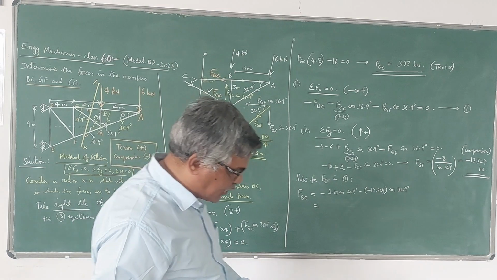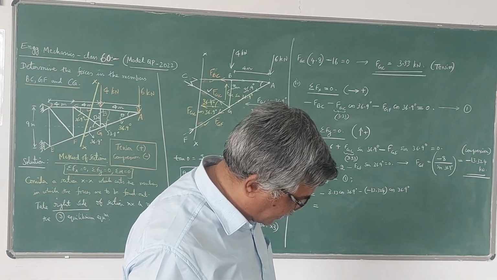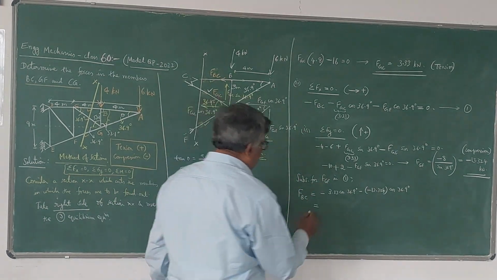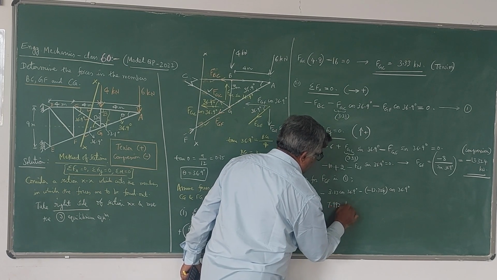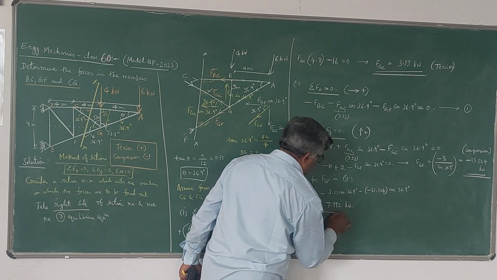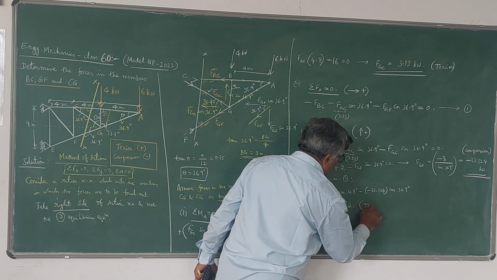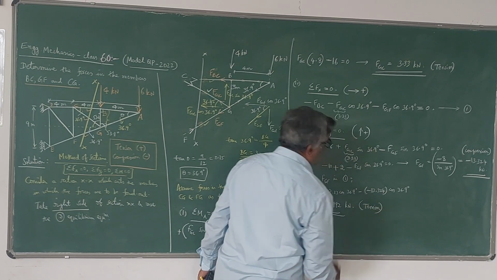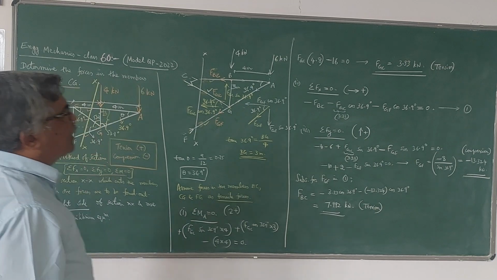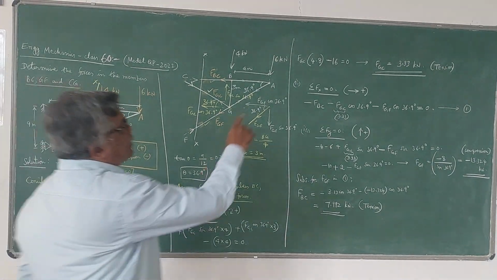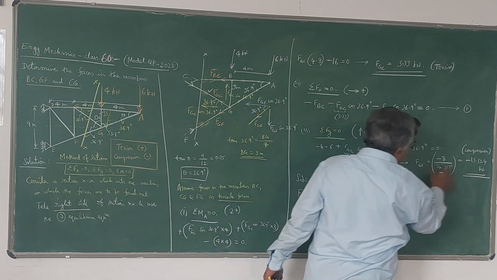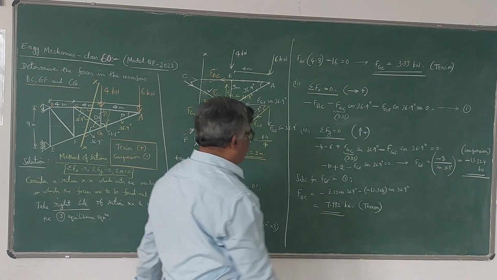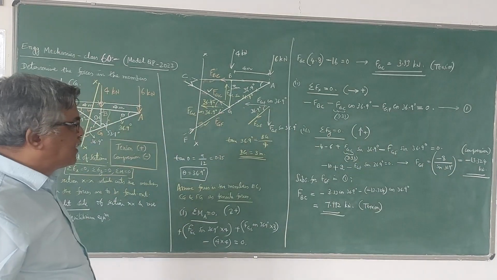So it will become 7.992 kilonewton. Since we have got a positive value, it is tension force. So that means in the member GC it is tension force, in the member GF it is compressive force, in the member BC once again it is tension force.